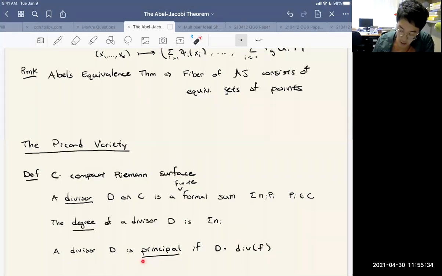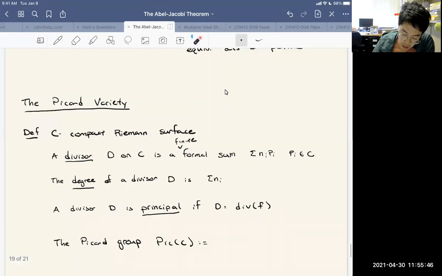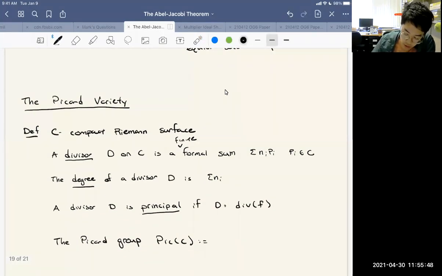This is the same notion of equivalence that appeared in Abel's equivalence theorem that we saw earlier. Now we can define a group, called the Picard group, which is the divisors modulo the principal divisors.